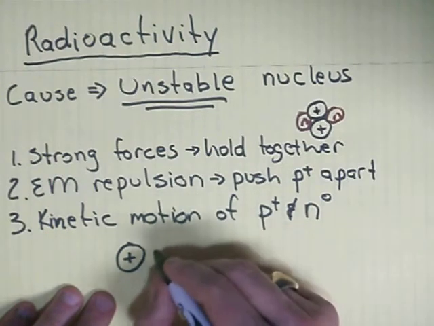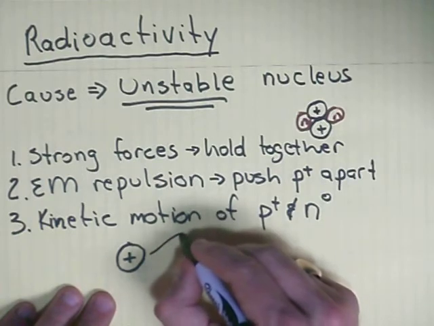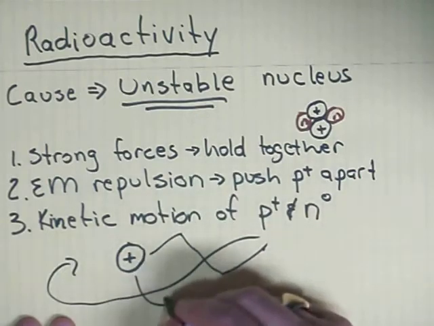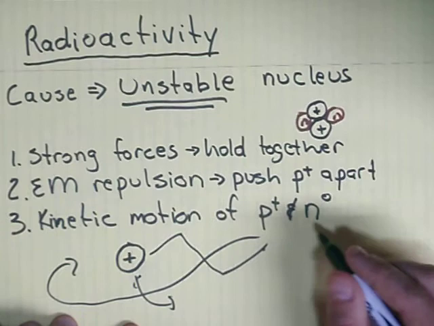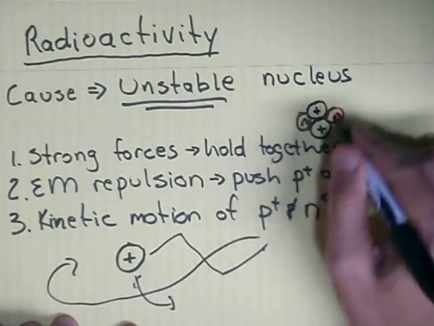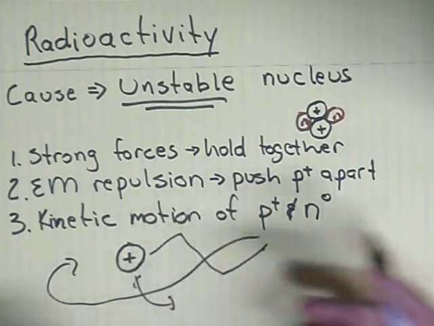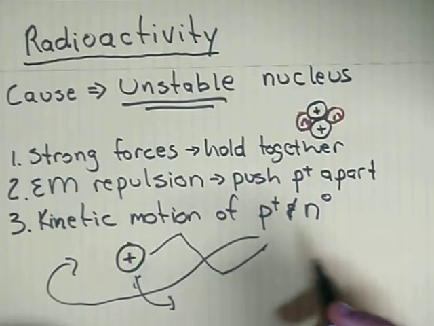It's a combination. It has a tendency to want to move on its own, wherever it might want to go. But then also, if it's lumped together with other particles, this movement is based on temperature and the energy. The higher the temperature, the more energy, the faster it's moving.